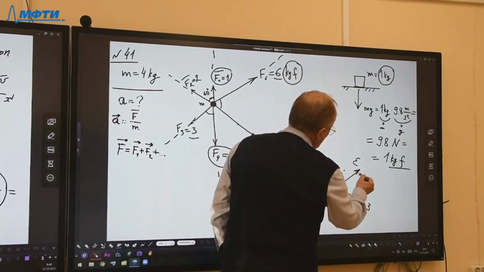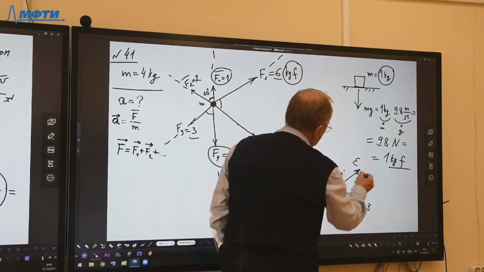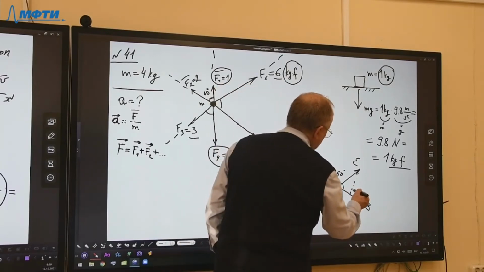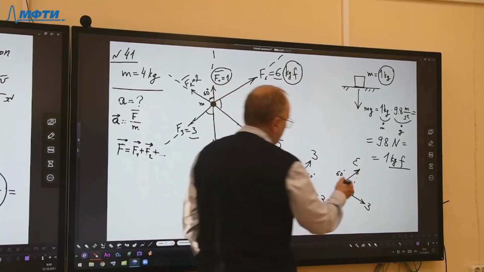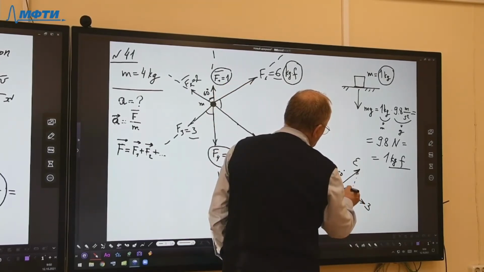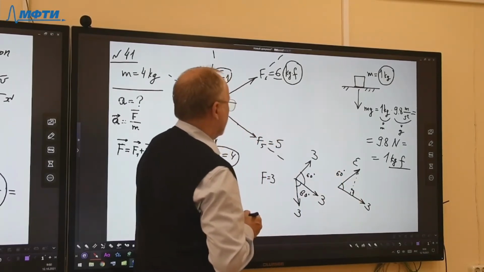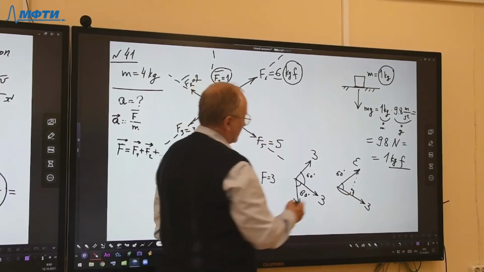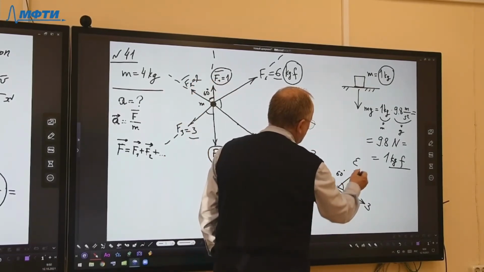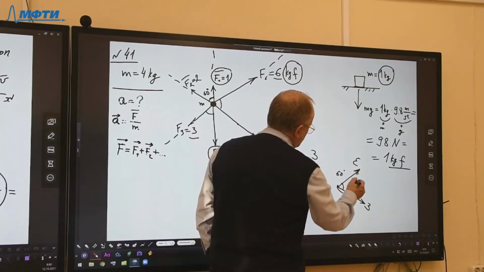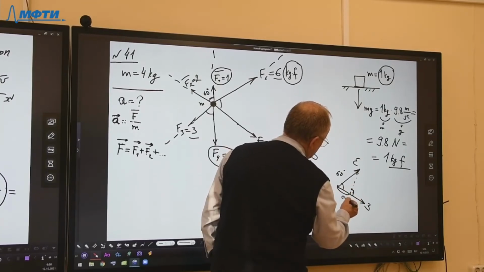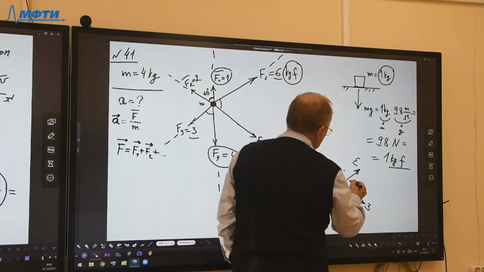If you draw a perpendicular line from the end of this vector to the direction of another vector, then this is a right angle, and that will be a right triangle. In this right triangle, let the length of this leg be A, and the length of this side be C.